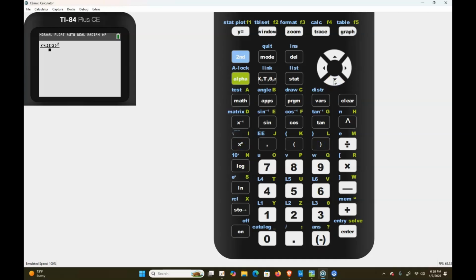On the bottom, I'm going to put 0.1 minus 4.2 times 10 to the negative third. Okay, that gives me 1.84 times 10 to the negative fourth.